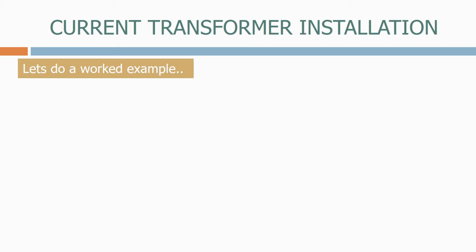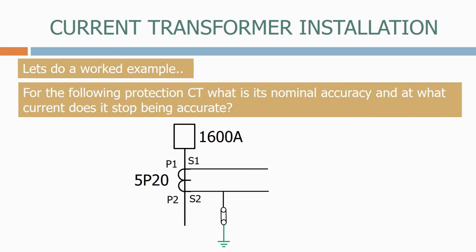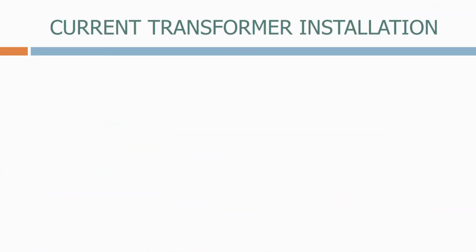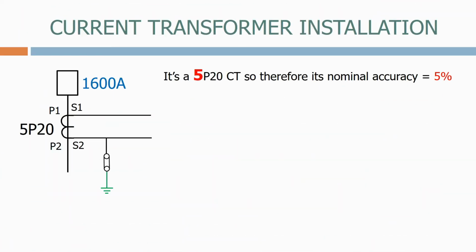Let's do a worked example. For the following protection CT, what is its nominal accuracy, and at what current does it stop being accurate? It's a 5P20 CT, so therefore its nominal accuracy equals 5%.